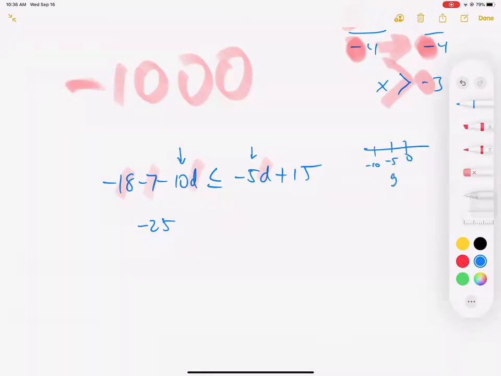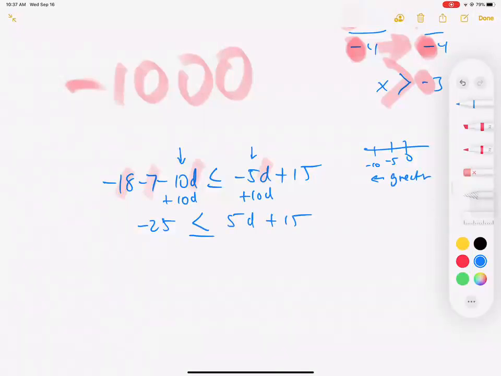Negative 5 is greater than negative 10 because it's on the right side. So what I'm going to do is move the 10 over using opposite operations. Oops, made a mistake there. 10 minus 5. 10 minus 5 is 5.